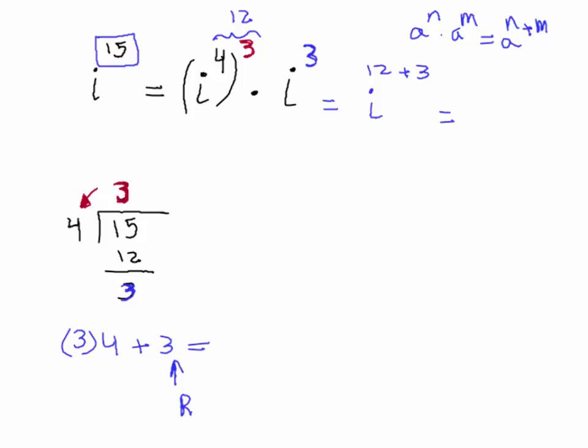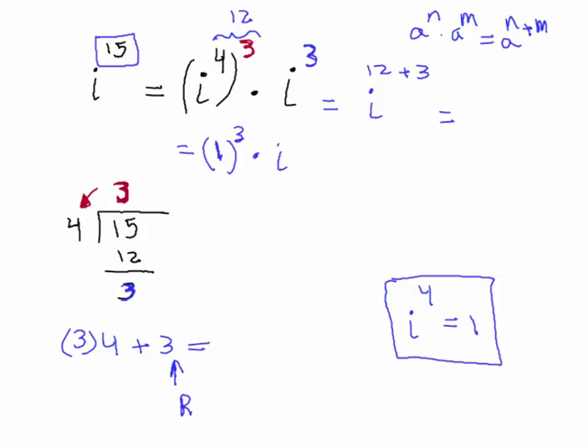So what's going to happen here when you write it like this is because I know i to the power of 4 already is equal to 1. So everywhere I see i to the power of 4, I'm going to replace it with 1. So it would be 1 to the power of 3. It doesn't matter what number is here. 1 to the power of any number would be equal to just simply 1.